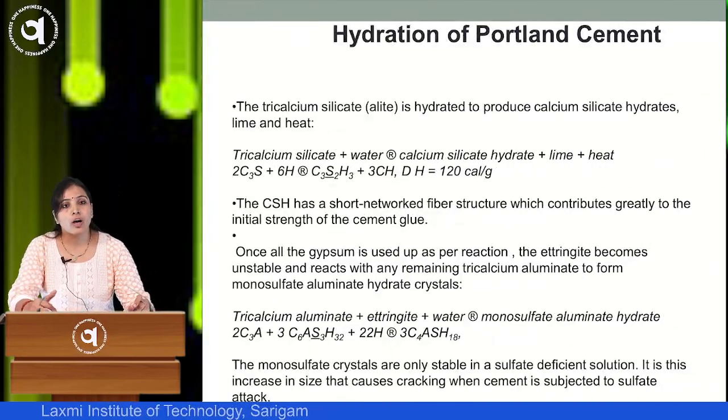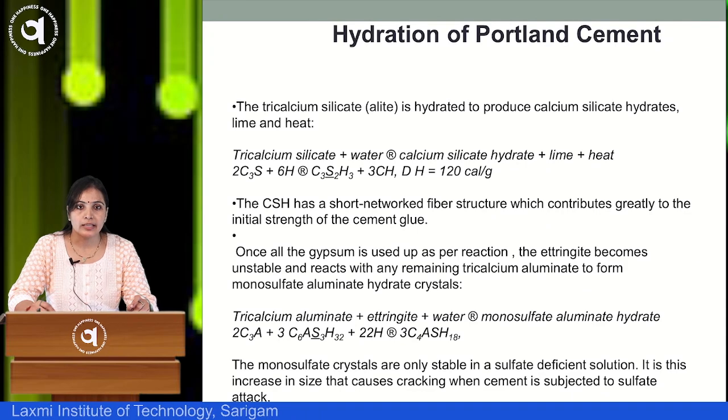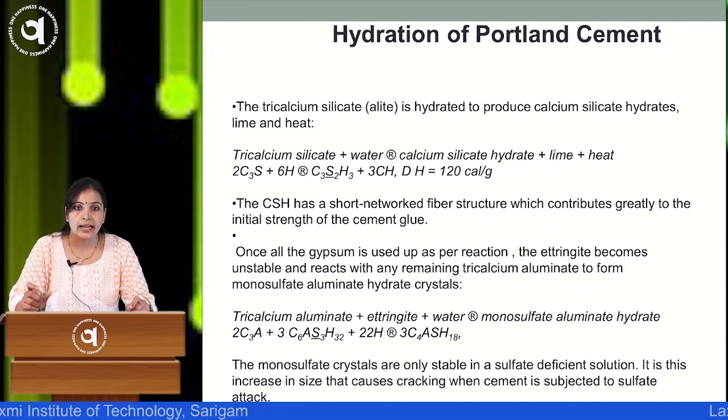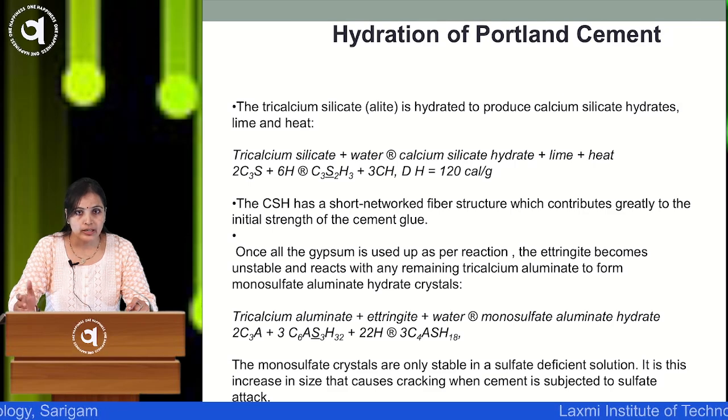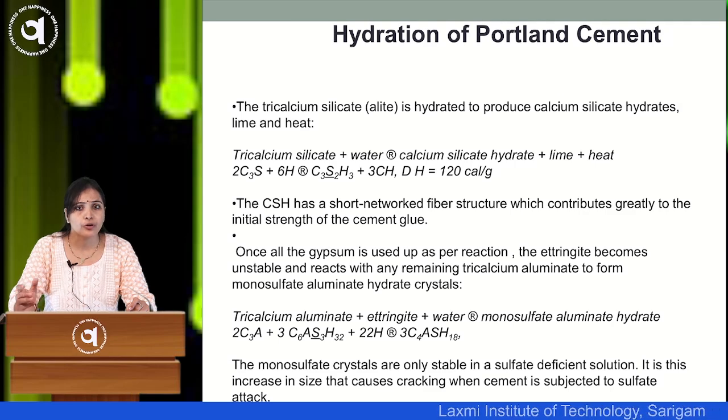Now we will go to the other compound, tricalcium silicate. We also call this alite. It is hydrated to produce calcium silicate hydrate, lime and heat. So the formula is here: tricalcium silicate plus water gives calcium silicate hydrate plus lime plus heat. This C-S-H formation has a short network fiber structure which contributes greatly to the initial strength of the cement glue.